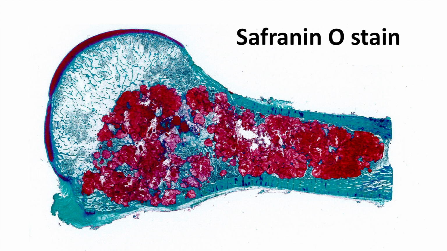Now here is another large format section, a whole mount section of that same cartilage tumor that we've been looking at and discussing. This is a really cool example of a safranin O stain, a kind of old school histology stain which is not used very often anymore, but it's very beautiful. It stains the cartilage bright red, and the bone an aqua blue, bluish green color.